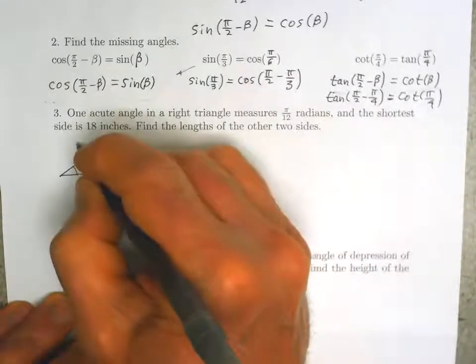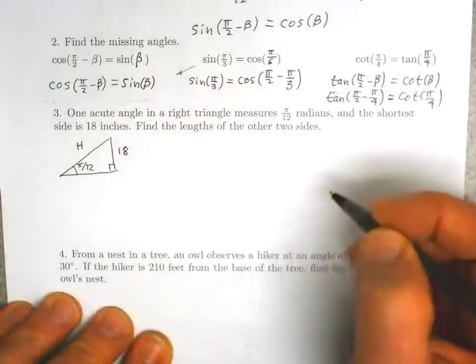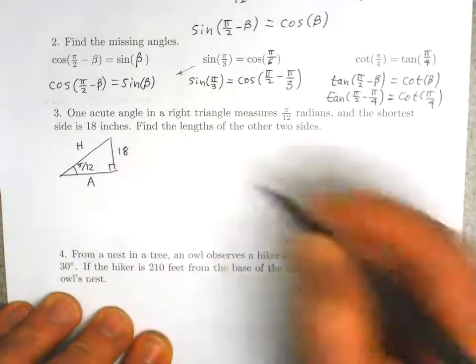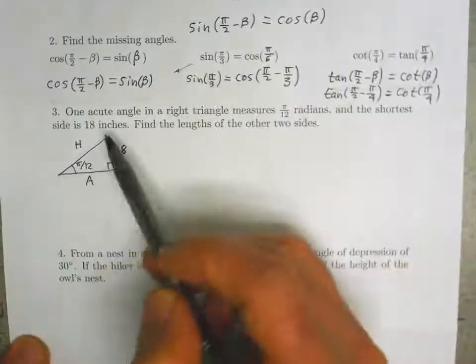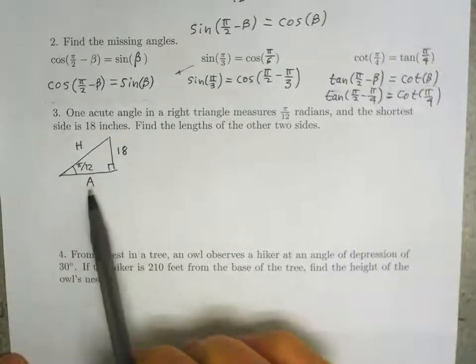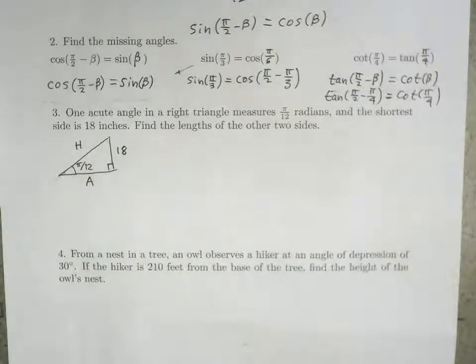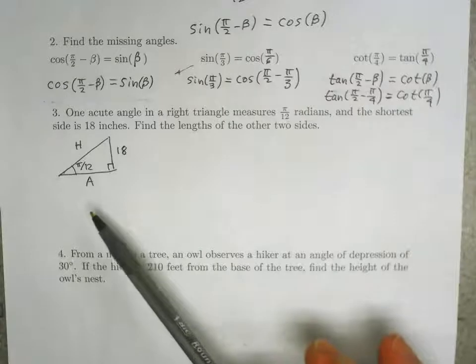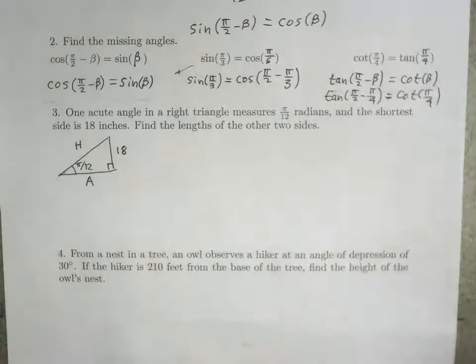And we want to find the length of the other two sides. So I'll label the hypotenuse capital H and the other side capital A. There are a number of ways we can go about finding the values of A and H.